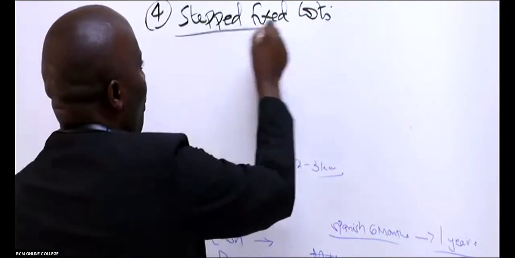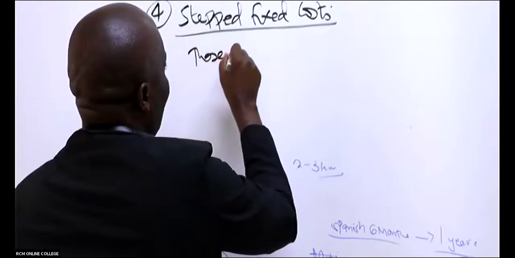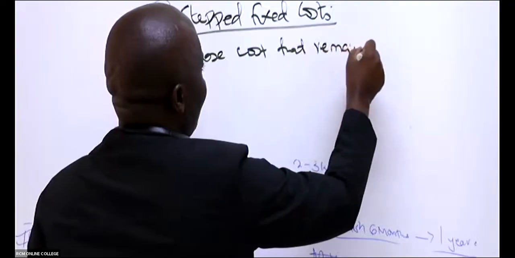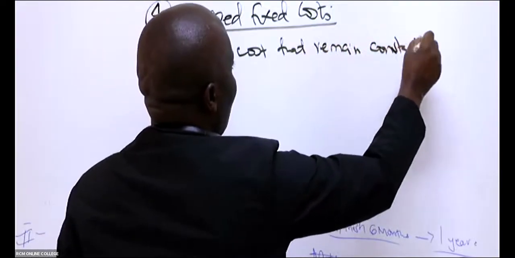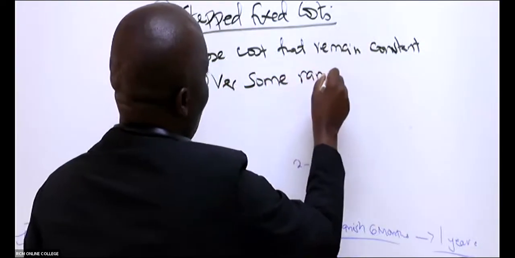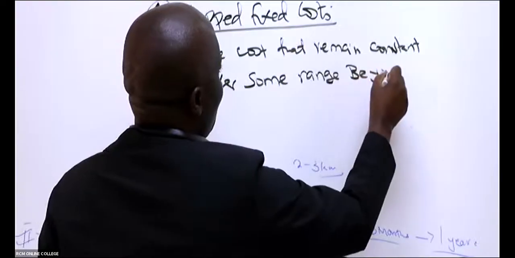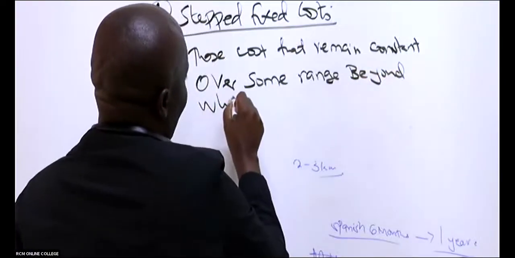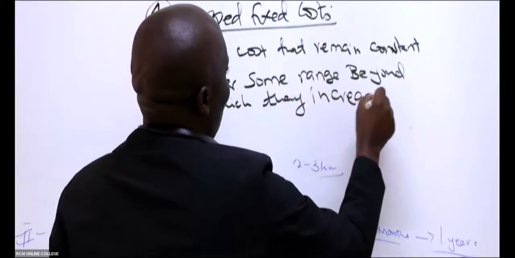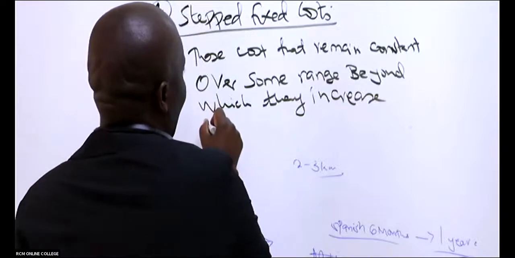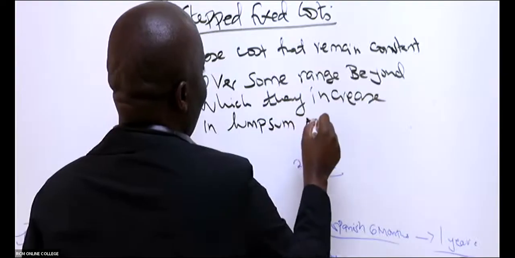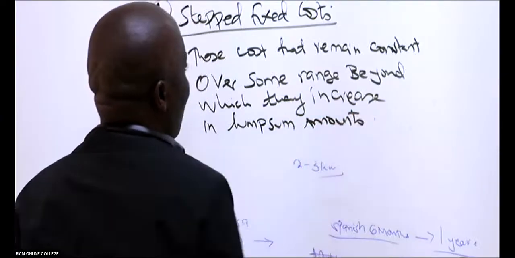So these are those costs that remain constant over some range, beyond which they increase in lump sum amounts.